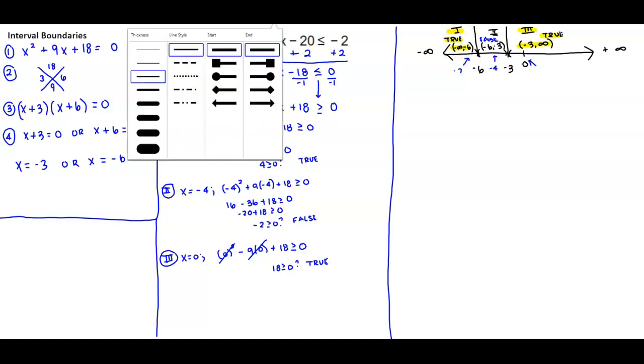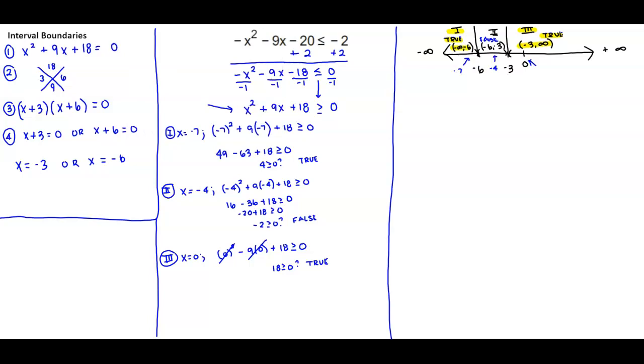Now the next thing is we need to be careful, because this says greater than or equal to. So when we write our solution, it's going to be parenthesis negative infinity comma negative 6, but this is going to have a bracket because you're including that value because of the greater than or equal to, union, and then we have a bracket at negative 3 comma positive infinity.